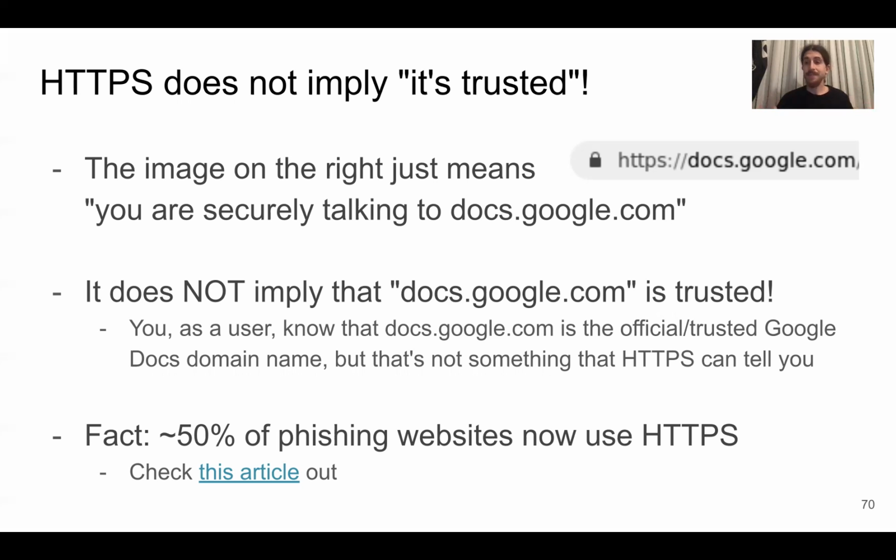No, the lock means that you're securely, where securely means encrypted and authenticated, talking to realfacebook.com. But if it happens that realfacebook.com is actually a malicious website trying to steal your password, you're still going to fall for it, okay? Again, the lock does not tell you if it's safe to put your password in. It just tells you that the website that you see in the address bar is the one you're talking to.